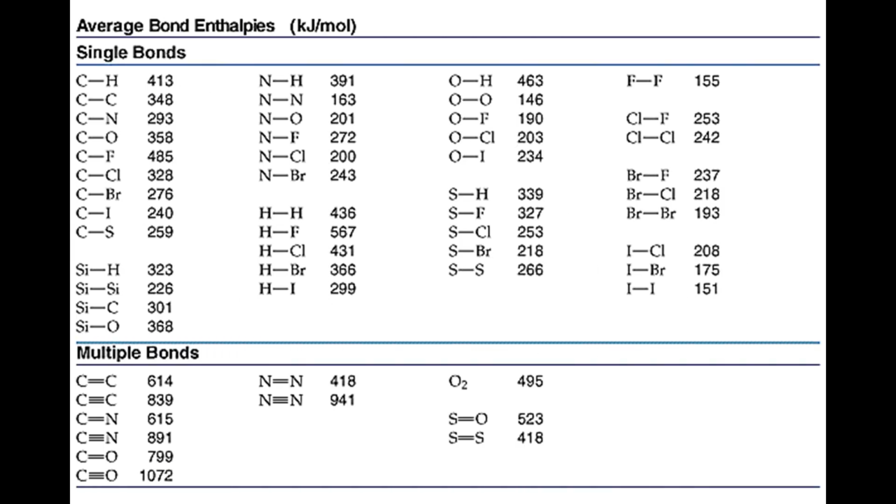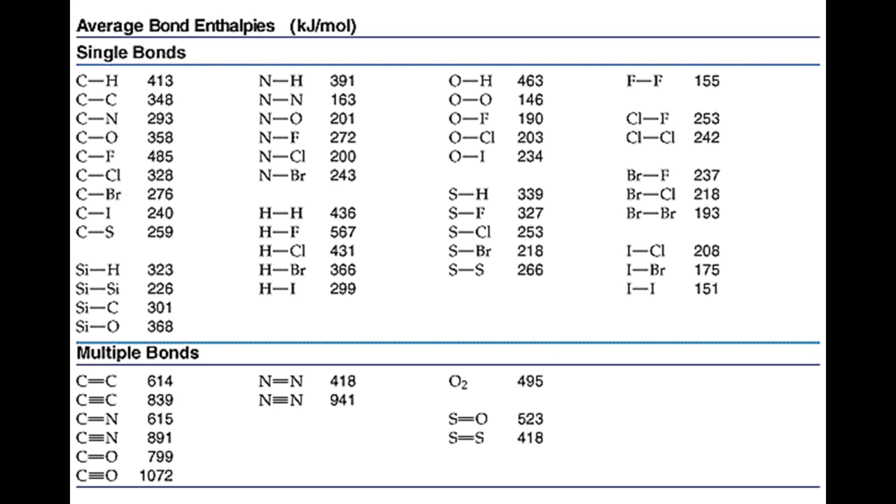And so what you can do is you can look at something like this, an enthalpy bond formation table, and you can get these numbers out, and all you have to do is count up all the individual bonds you're looking at: single bonds, double bonds, carbon-hydrogen, carbon-carbon, and so on.